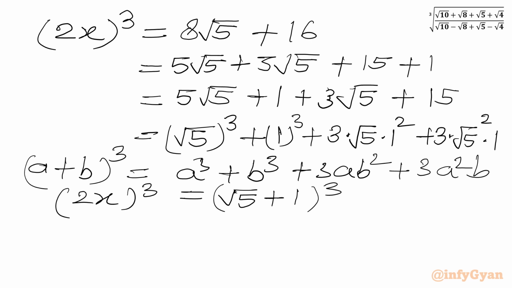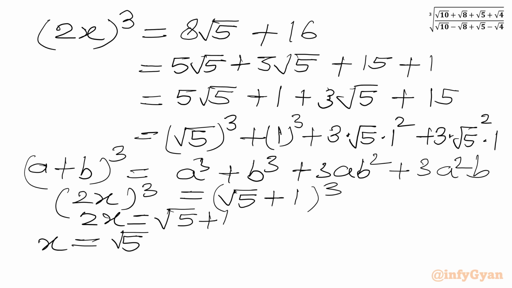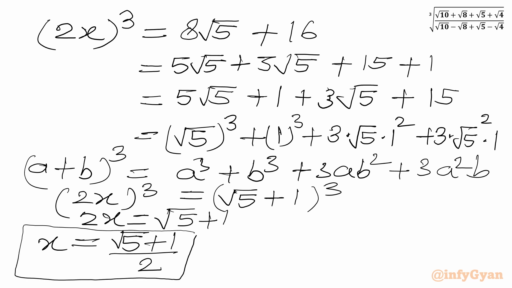Now we will take the cube root of both sides. We will get 2x equal to root 5 plus 1, and once I divide both sides by 2, we will get x. This is (root 5 plus 1) over 2. Now we have to consider squaring of x so that we will get our answer E. Let me write here.